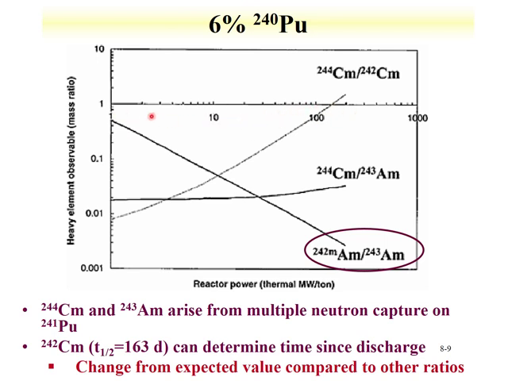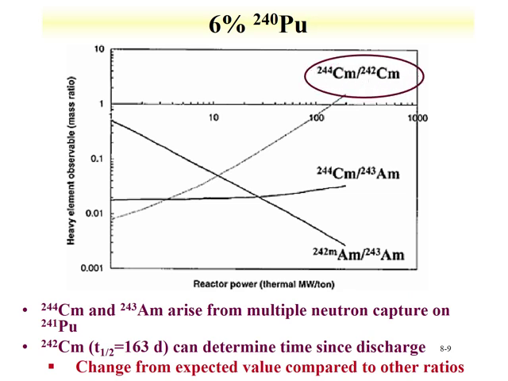Right, so we can go from 1 to 10 to 100 to 1,000 thermal megawatts per ton of reactor power. And from this, measuring this isotopic ratio of the americium isotopes provides a route for determining the reactor thermal power, which then tells us information related to where the reactor origin was for the production of the material.